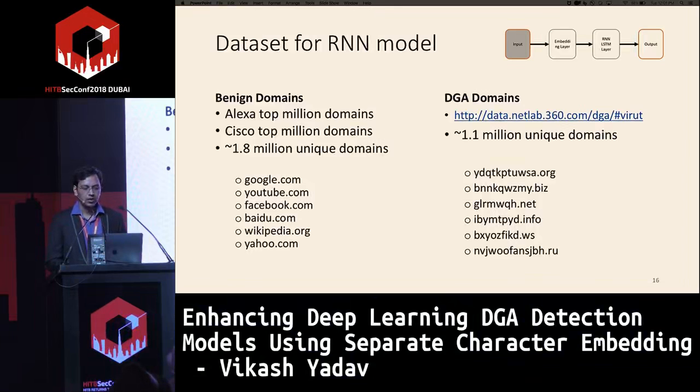And for the DGA domains, we are using 1.1 million unique domains collected from NetLab 360. As you can see, some of the DGA samples look very different from benign or user-generated domains. So we're going to use this data set to train our model.